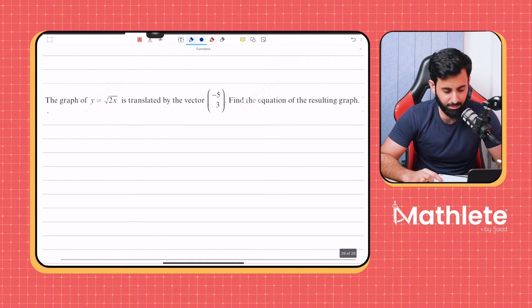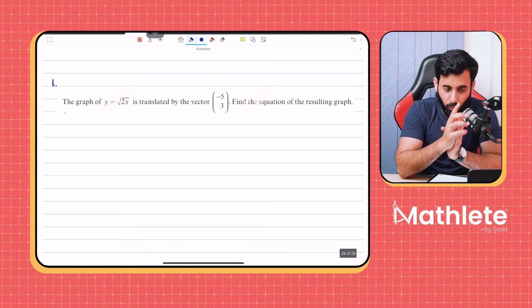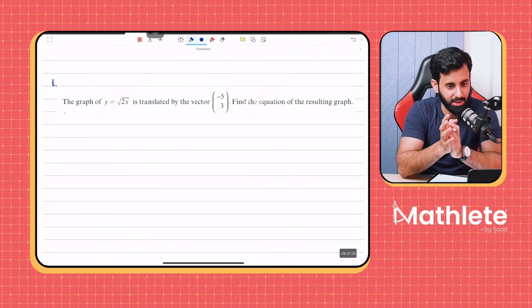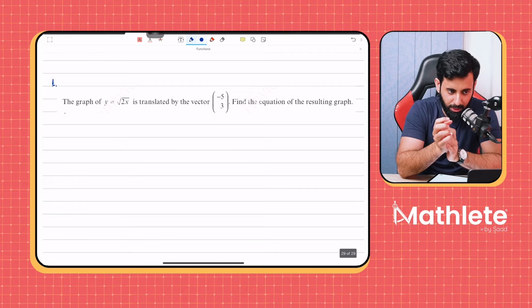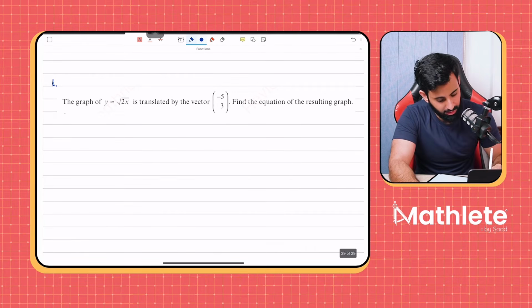In this case, because of minus 5, where do you think it's going? It's moving left, okay? And what do we do in x that gets the graph to move towards the left? In the equation, what do we do with x that gets the graph to move towards the left? We add. Good job.